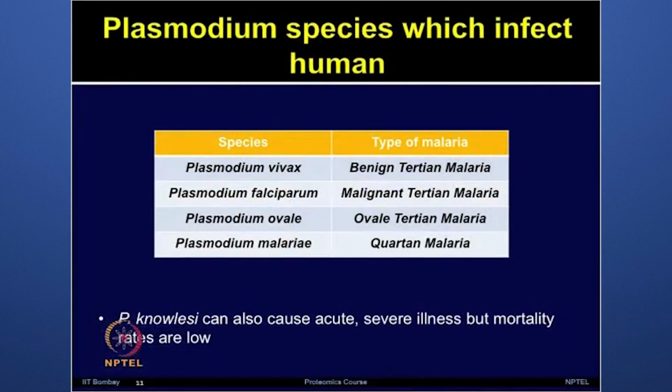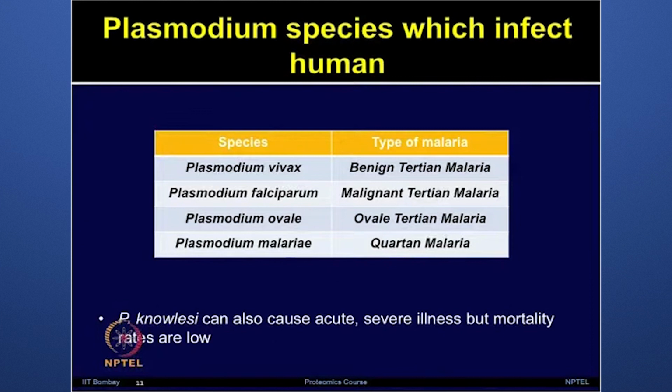Plasmodium vivax causes benign tertian malaria, Plasmodium falciparum malignant tertian malaria, Plasmodium ovale tertian malaria, and Plasmodium malariae quartan malaria. In addition to these, Plasmodium knowlesi can also cause acute and severe illness, but mortality rates are quite low for this species.